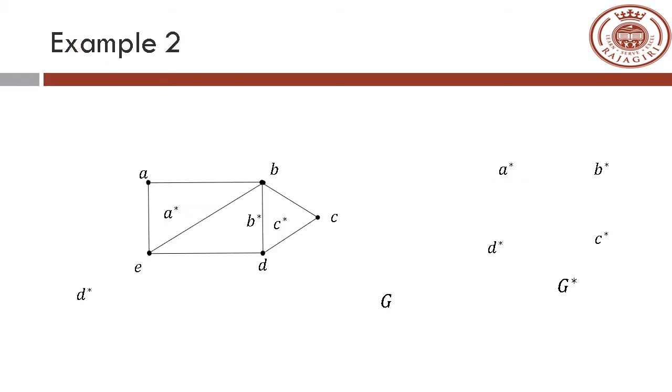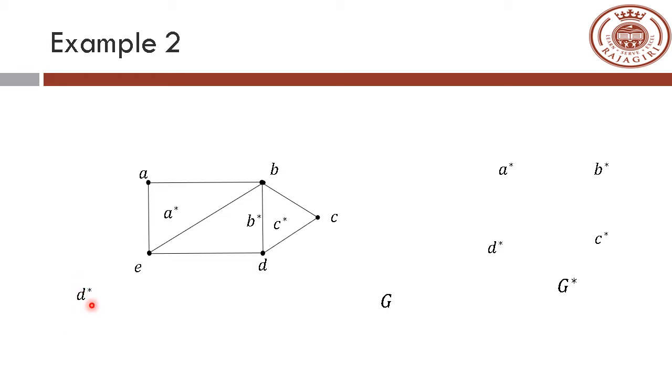Now, second example. You are given a planar graph with vertices A, B, C, D and E. In this planar graph, you have the faces A star, B star and C star, which are the interior faces, and one exterior face. That exterior face is denoted by D star.